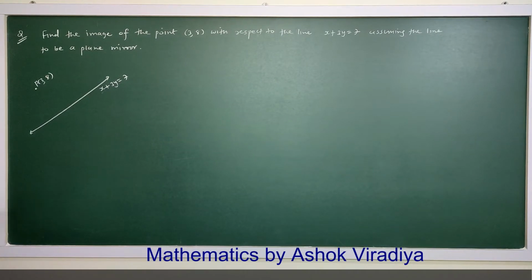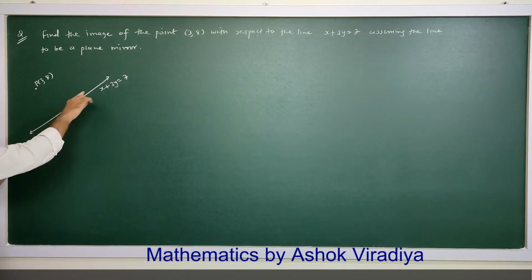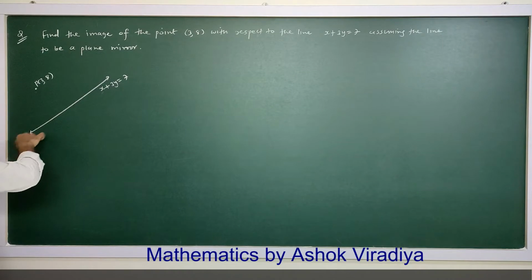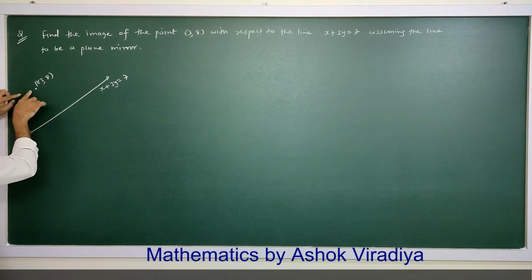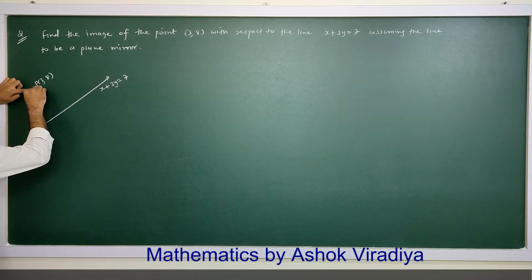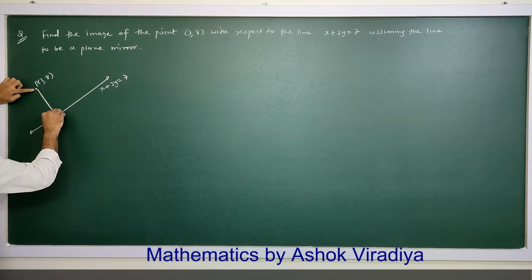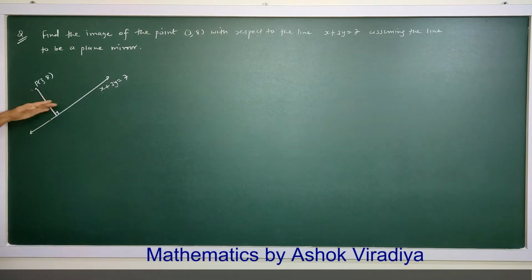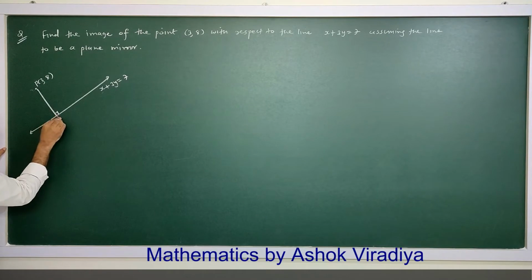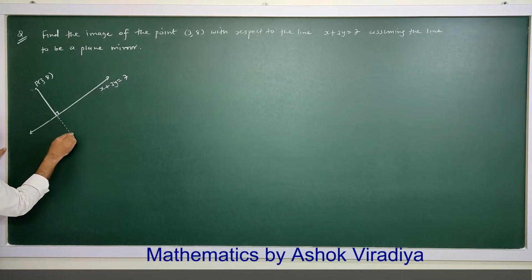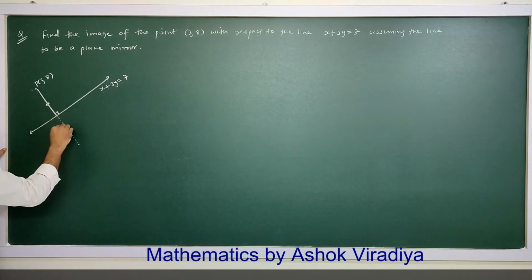Now the question is to find the image of this point with respect to this line, assuming the line to be a mirror. If this is a mirror and this is the object, then taking the perpendicular gives the distance of the object from the mirror, and the image is exactly on the opposite side at equal distance.